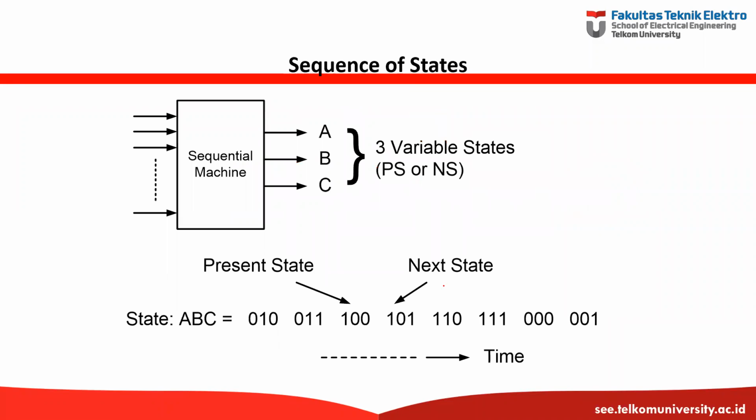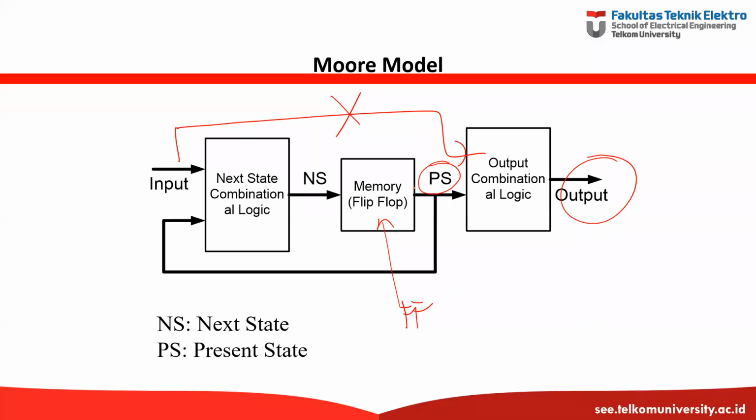So if we have one flip-flop, then there will be only one Q here, so the present state will be either 0 or 1.